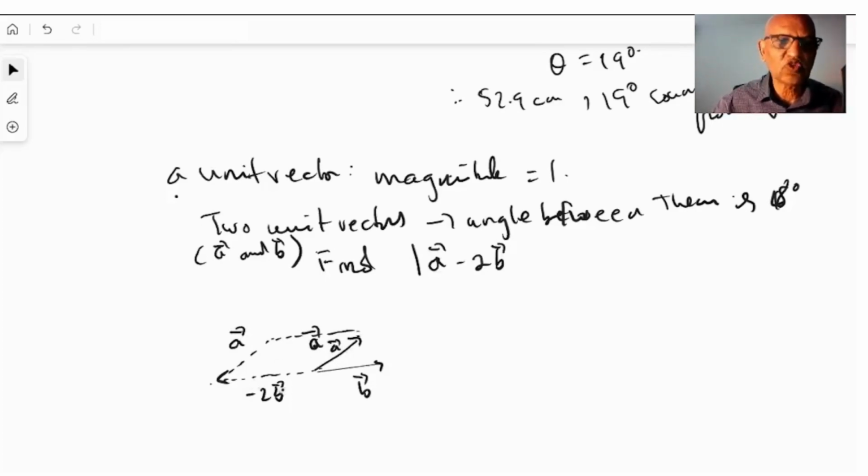So minus 2B plus A, or A minus 2B. These two vectors we have seen before. If I have these two vectors, the resultant will be this way here. This is my resultant, which is A minus 2B. So I have to find this.